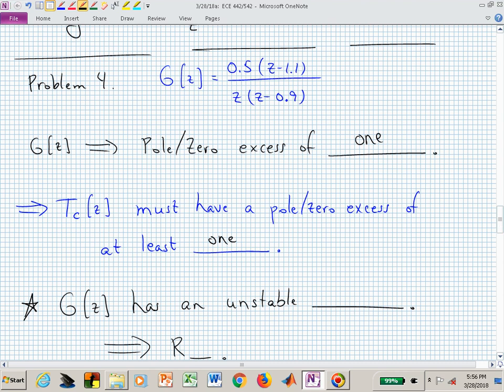G of Z, the original plant that we are trying to control with this Ragazzini controller design strategy, has an unstable blank. Is it a zero or a pole, or do you have both? The open loop system has an unstable zero and it has stable poles.